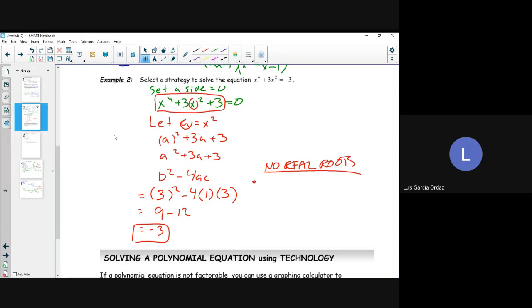Based off just looking at the polynomial expression, why do we not have any roots? Joseph. Because no matter what number you plug into it, it will not be 0. Yeah. And what do they say about the exponents? Even. Yep. The exponents are all even.